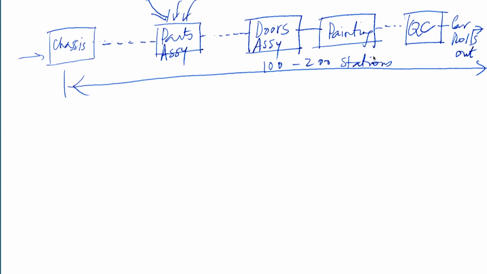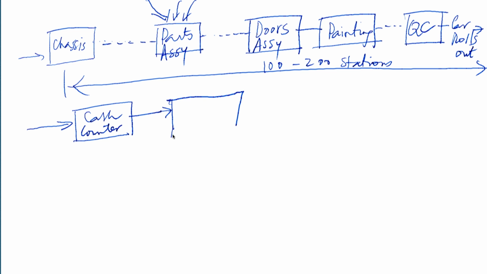We will take one more example, which is a fast food joint where we go and have our breakfast or a quick lunch. Again, customers arrive, maybe there is a cash counter where we order whatever dish we want, cash payment is made, then we move on to a delivery counter.